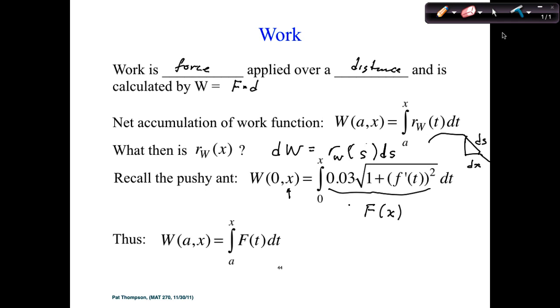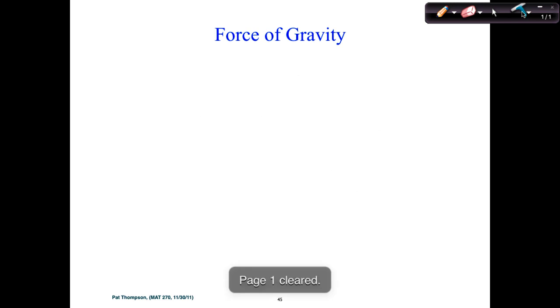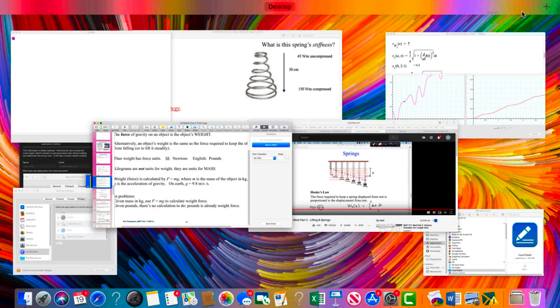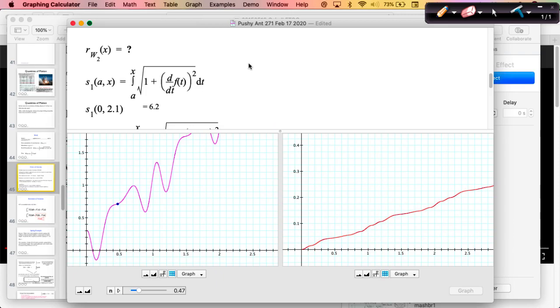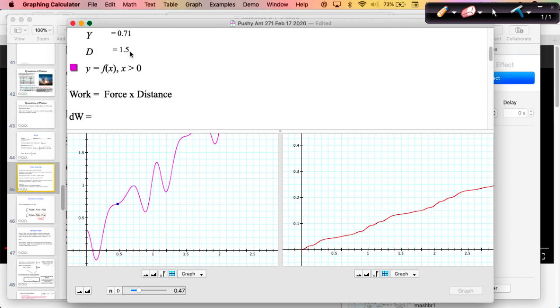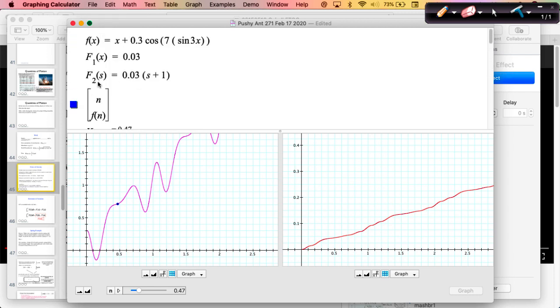So let's take a look at where we were here. Okay, and so then the rate function, and then we said the force was given here. F2 of s, right?